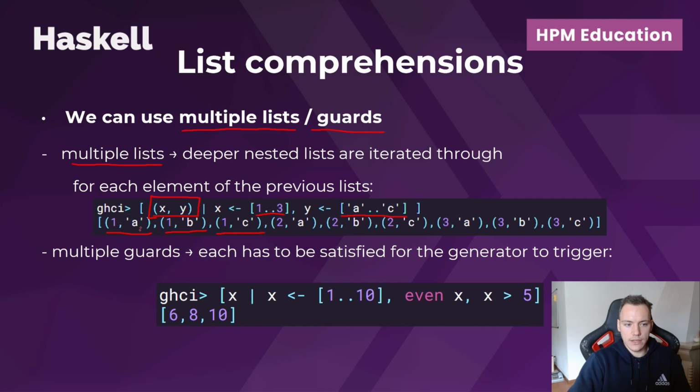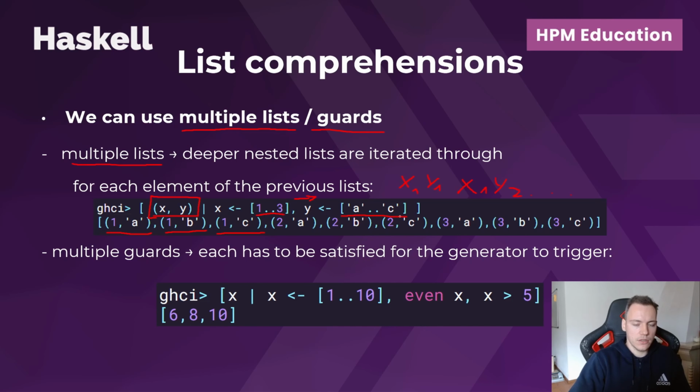And the y value is iterated through, so 1a, 1b, 1c. Then for the second value of x, y is again iterated through, 2a, 2b, 2c. Okay, so the iteration goes as x1, y1, then x1, y2, and so on. Right, so the deeper nested lists, the ones further to the right, are iterated through for each element of the previous list.